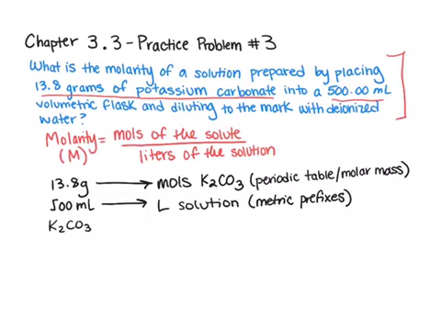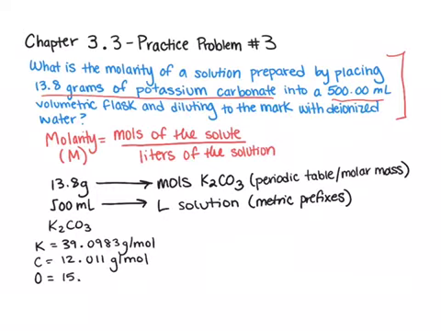So if you look at the periodic table, potassium has a molar mass of 39.0983 grams per mole. Carbon has a molar mass of 12.011 grams per mole. And oxygen has a molar mass of 15.9994 grams per mole.